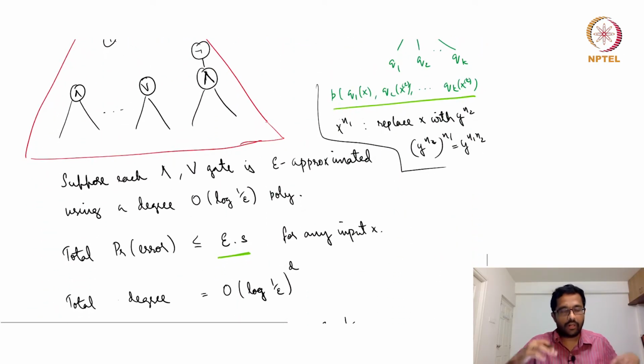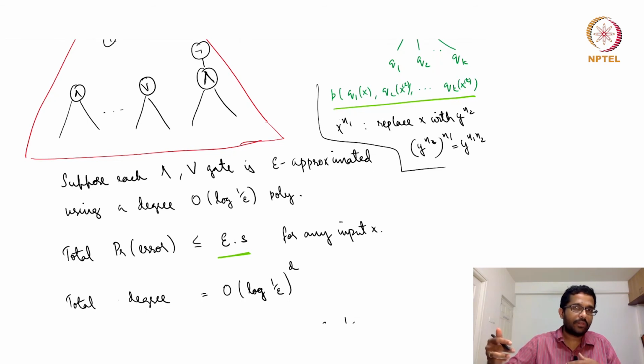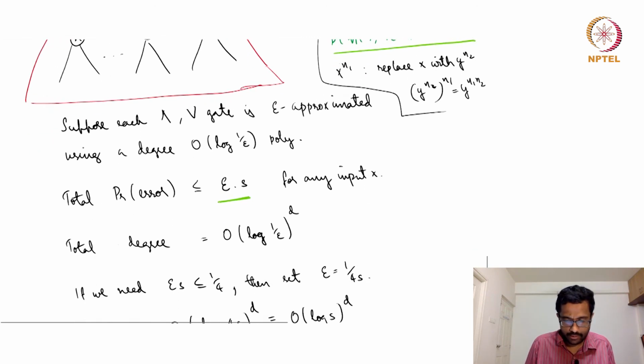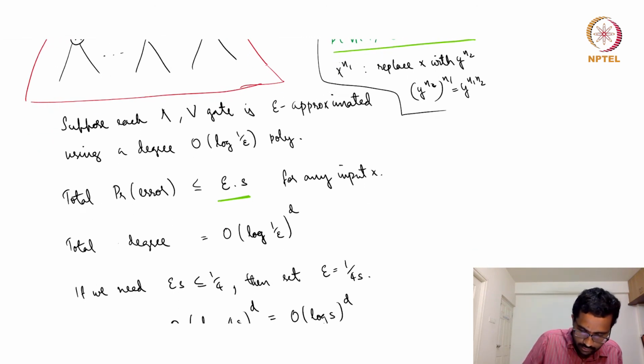So it is order log 1 divided by epsilon multiplied by order log 1 divided by epsilon and so on, d times at most, because depth is d. So it is simply order log 1 by epsilon whole power d. That is the degree. So for this construction the error is epsilon s and the degree is order log 1 by epsilon whole power d.